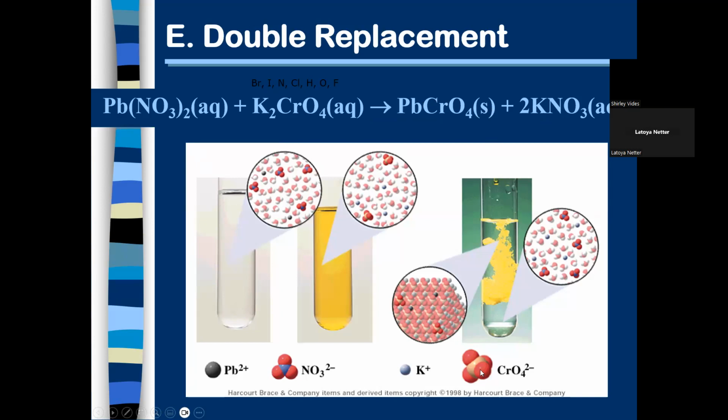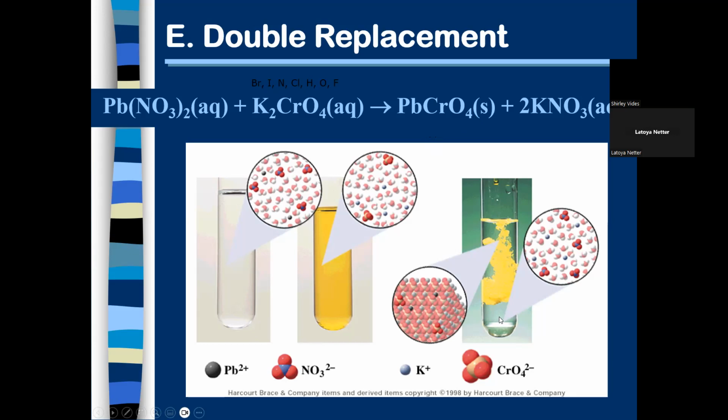All right, so over here you have the lead nitrate, right? And here you have the potassium chromate. And when you put them together, you have the potassium nitrate, sorry, which is in solution, but the lead 2 chromate is not going to be in there.